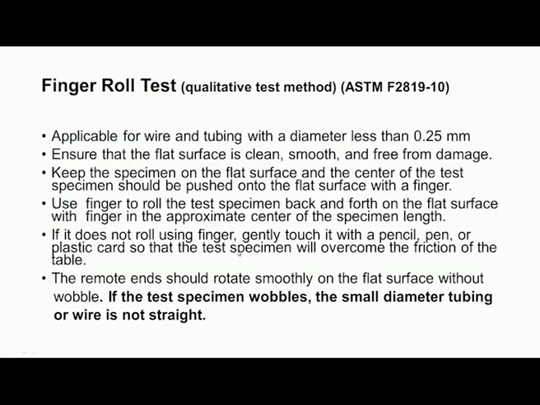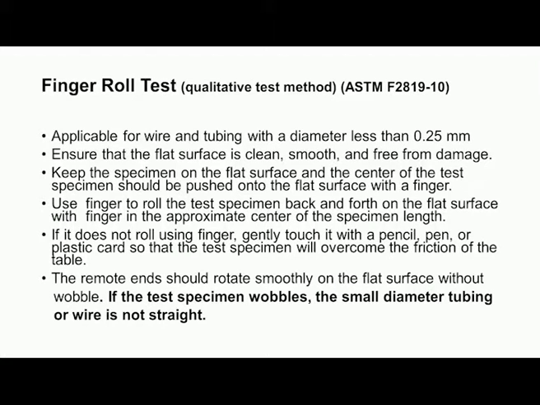Now, there is another test, the finger roll test, specified by ASTM. This is a qualitative test method. The previous two methods, the TIR and gap test methods, are quantitative tests wherein we get the amount of error as a numerical value, whereas this is a qualitative test method.